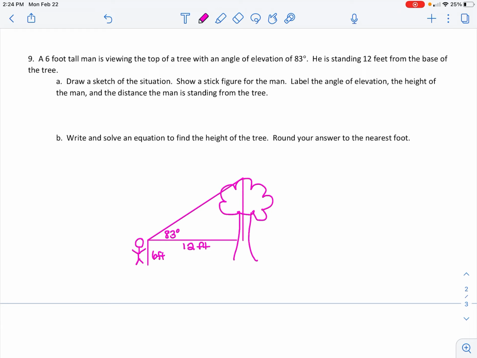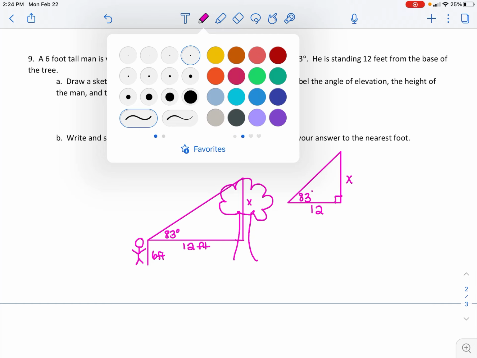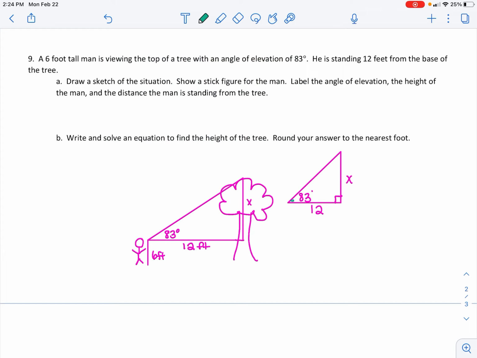So the first thing we are going to do is find some of the tree by finding that distance x. Okay, so if I pull out that particular triangle, I have x, I have 12, and I have 83. The 6 is not going to be in this triangle. So again, I'm going to have to use trig, so I'm going to figure out what sides I have in relation to this 83. I have my opposite side x, and I have my adjacent side 12.